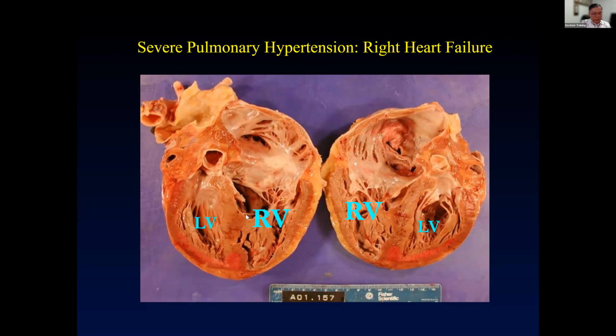Patients who die of pulmonary hypertension tend to have a very large right ventricle and a very small left ventricle. As such, most cardiologists, trained to diagnose left heart disease, often miss right ventricular failure or right ventricular pathologies. So it is important to know that.